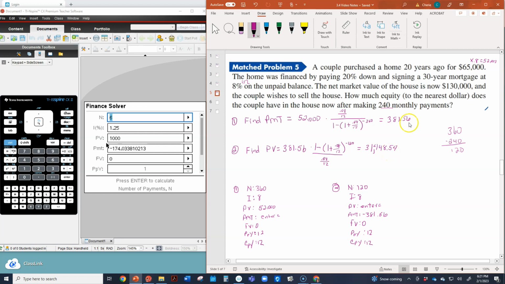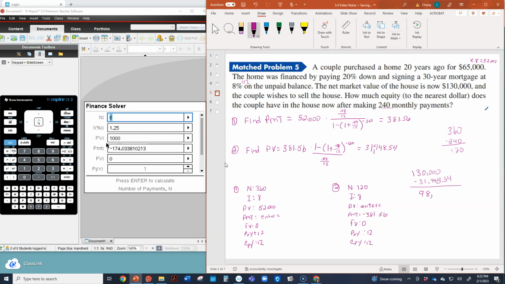So to find out how much equity you have, you take this $130,000 that the house is now worth, and you subtract what you owe, what you have to pay your lender, and then what's left over, that is the equity that you have in your house.